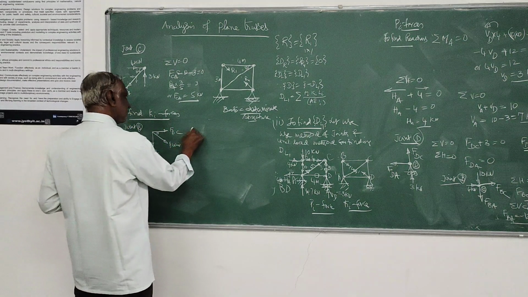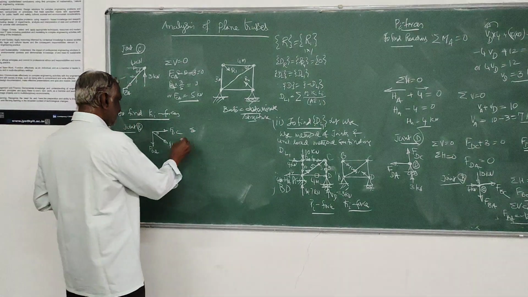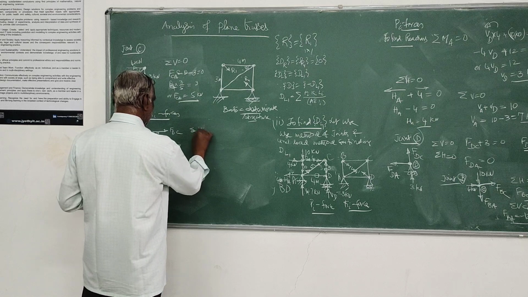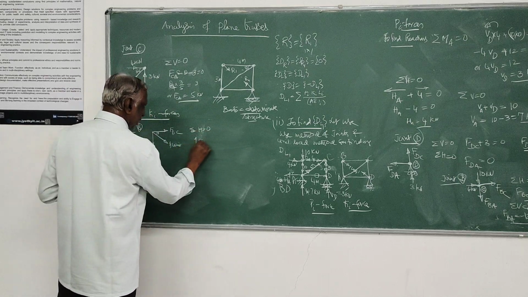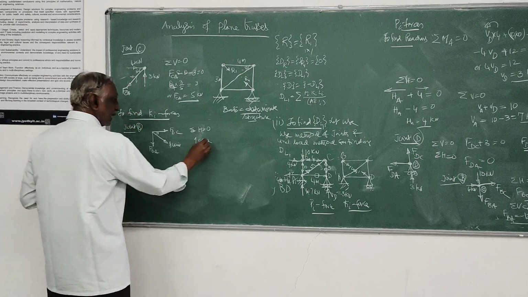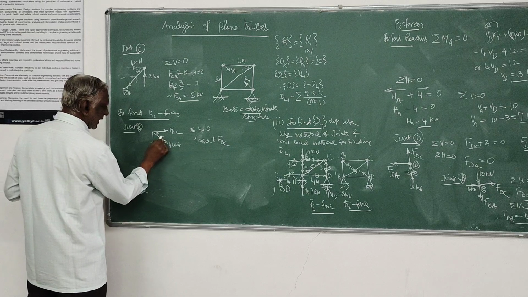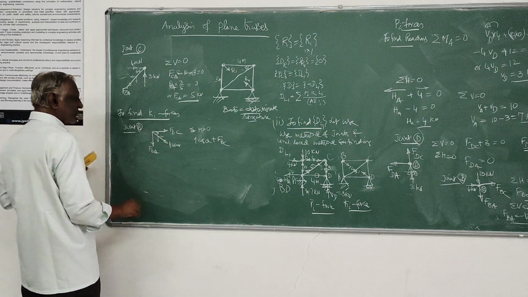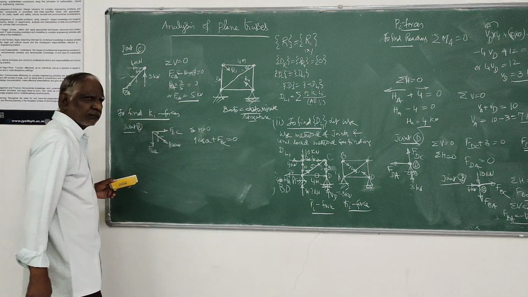I will adopt sigma V equals 0, sigma H is equal to 0. So I will take sigma H is equal to 0. Then this 1 cos theta plus FBC, because this 1 cos theta will be like this, 1 sin theta will be down. So this is equal to 0.